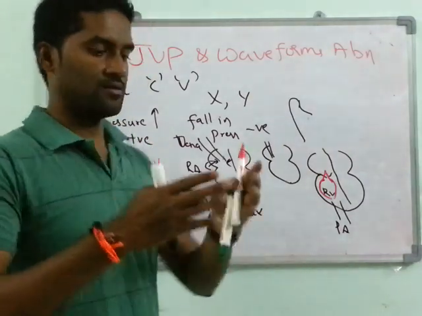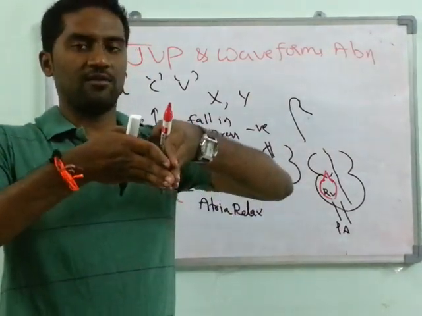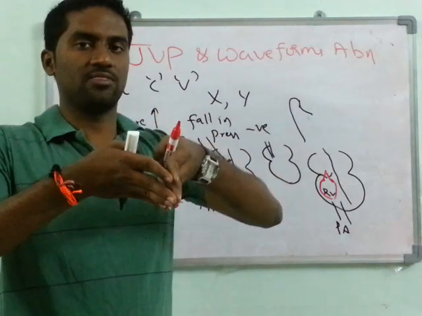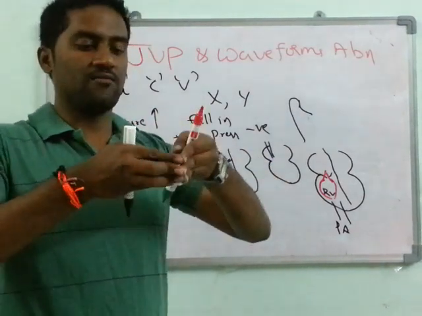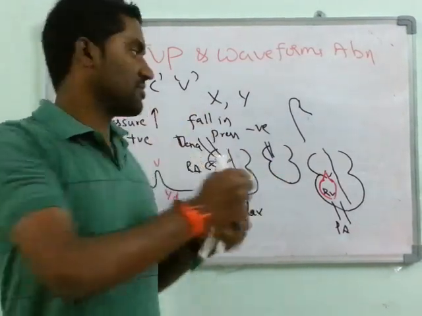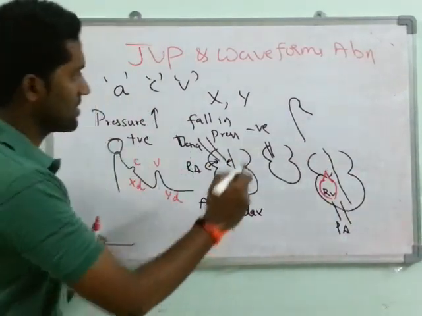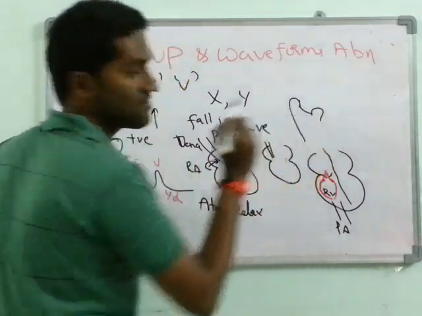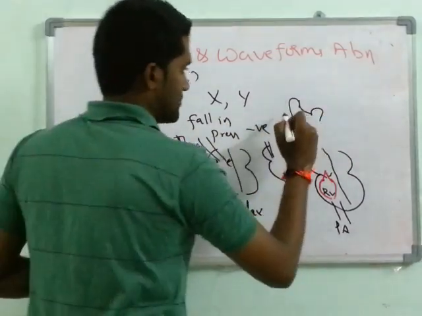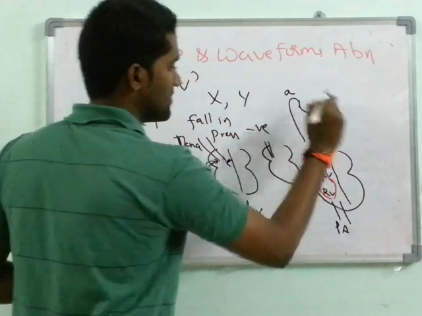Initially the tricuspid valve was like this. Now when the ventricles contract, it gets bulged inside. This causes again a rise in pressure within the atria, causing a positive deflection, that is the C wave. So this is the A wave and this is the C wave.